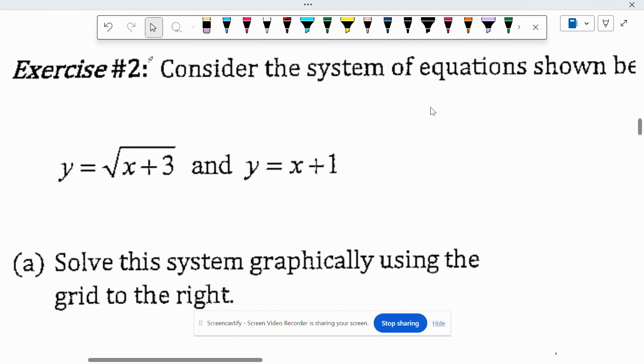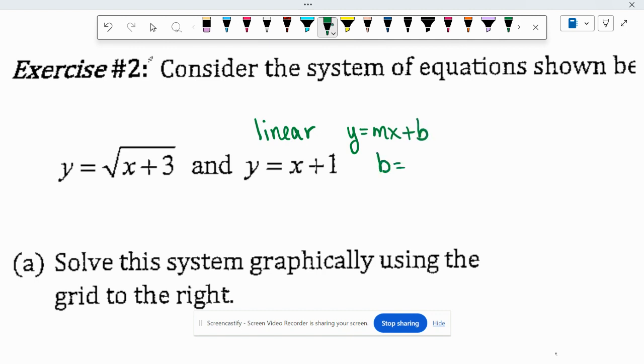So let's graph the linear one first. I'm going to graph the linear function in a green pen. This is written in the form y equals mx plus b. That means I'm going to begin on the y-axis at positive 1, and the number attached to my x is a 1. My slope is up 1 and over 1.